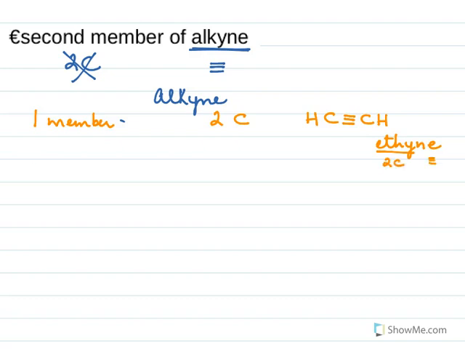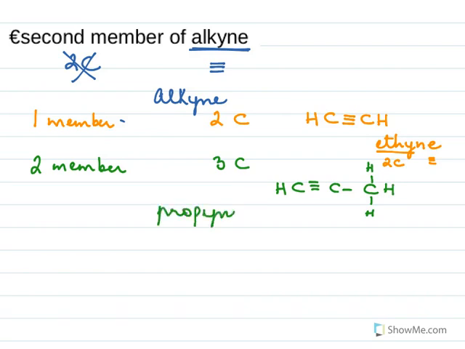Now the second member has 3 carbons, and it will be 1, 2, 3 with a triple bond. And if you see, there will be hydrogen here and 3 hydrogens, and since it is a 3 carbon, it is propyne. 3 carbon with a triple bond, and that is the second member. So let's write the structure of the second member. What is in the question is the second member.